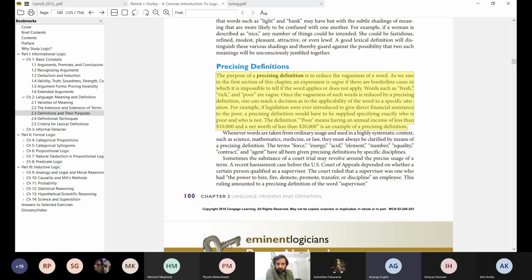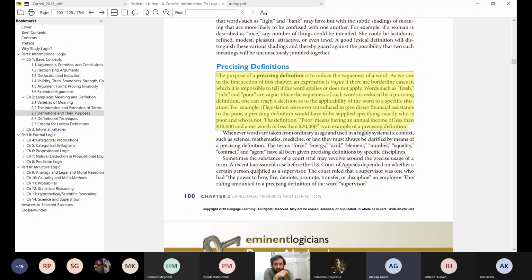For example, if legislation were ever introduced to give direct financial assistance to the poor, a precising definition would have to be supplied, specifying exactly who is poor and who is not. The definition "poor means having an annual income of less than $10,000 and a net worth of less than $20,000" is an example of a precising definition.